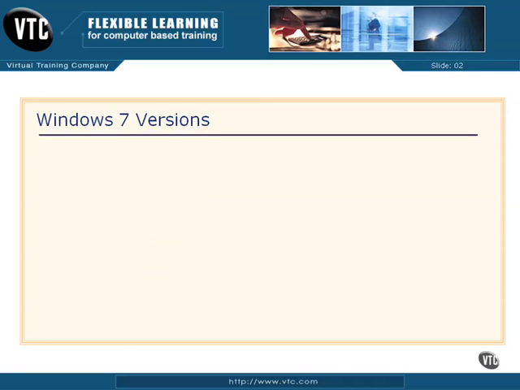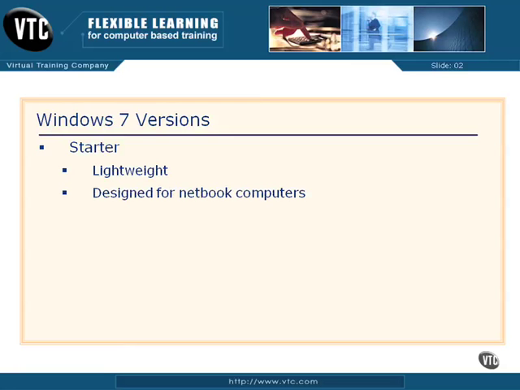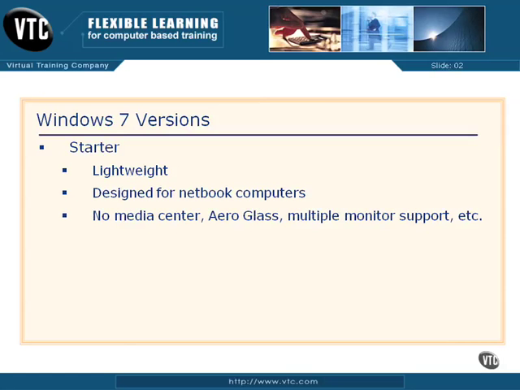Now let's take a look at each one of these and talk just a little bit about the various aspects of each one of these different operating systems. First up is Starter, which is more or less the lightweight version. This is designed for the netbook computers, those little subcompact, sub-notebook computers that have solid-state drives and a decent amount of memory.